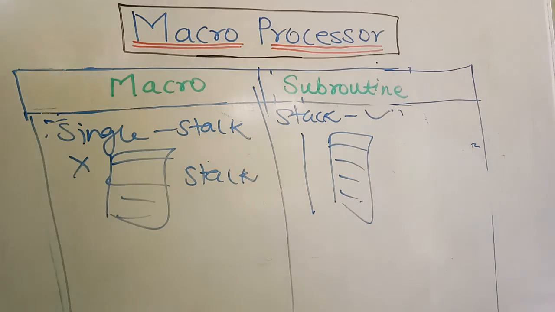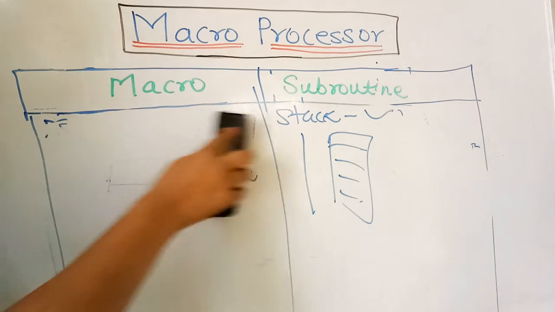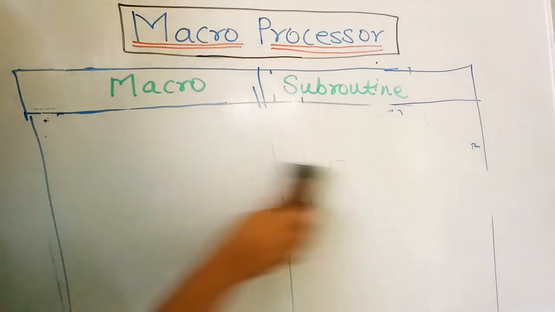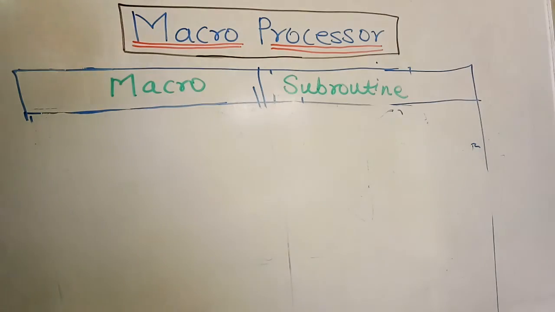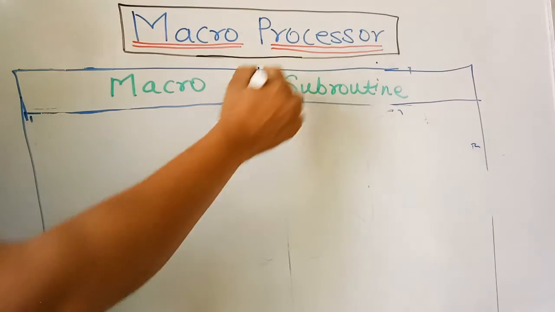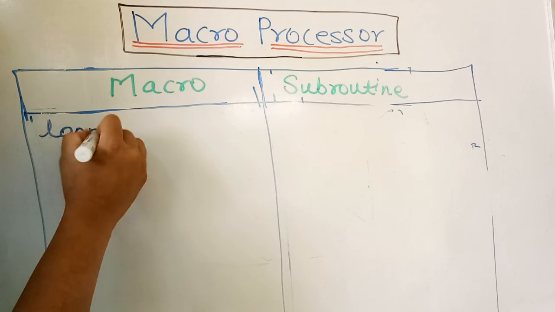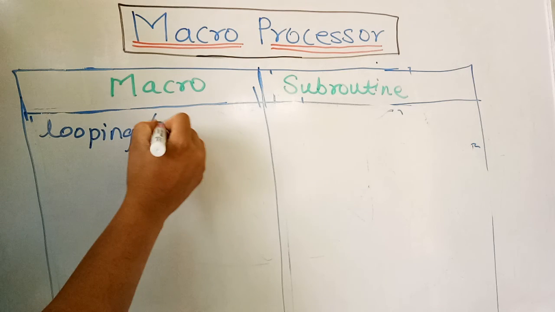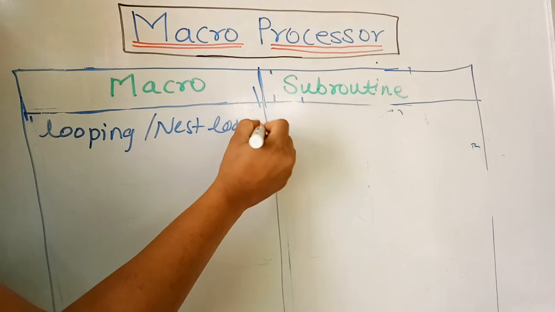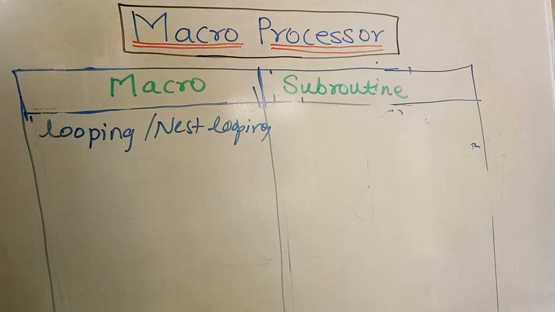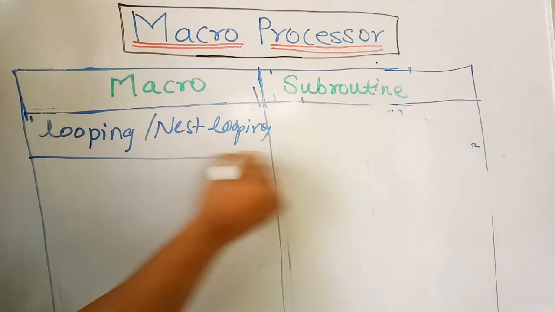Again, the different differentiating factors between subroutine and macro. In terms of macro, in assembly language programs, facilities like looping and nested looping are used. But in high level languages, looping or nested looping is not used.